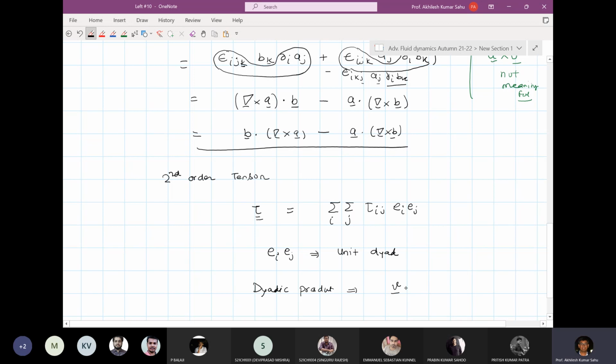So v times v, right? It's a dyadic. When there is no symbol between two vector functions, in cross product there will be cross, in dot product there will be dot. But when there is no symbol, that means you are looking for the dyadic product of those two vector functions. So ei ej is a unit dyad, and it's a dyadic product of ei and ej.